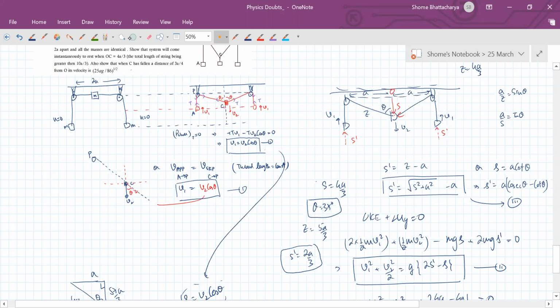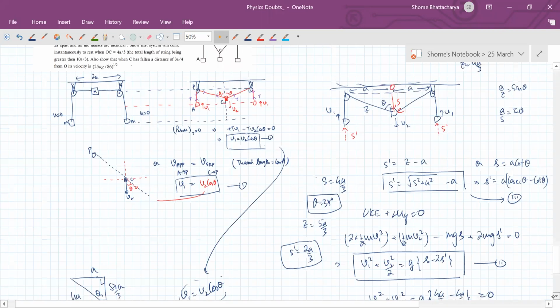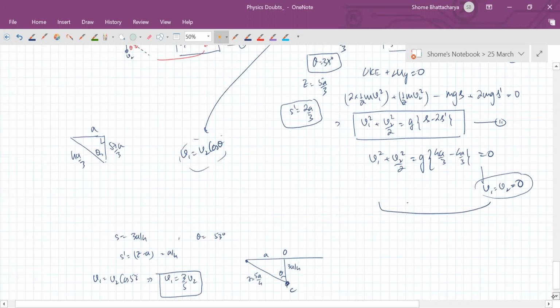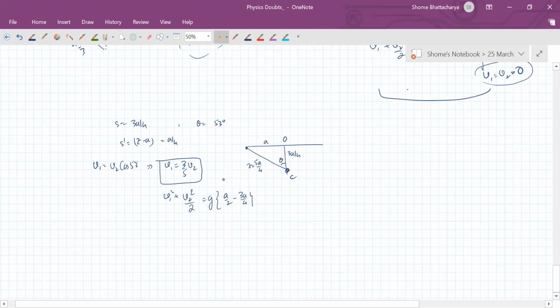This should be S minus 2S prime. That's why I've taken this term to the other side. So it's S minus 2S prime. Okay. So this is fine. But here it will be the other way around. S minus 2S prime.